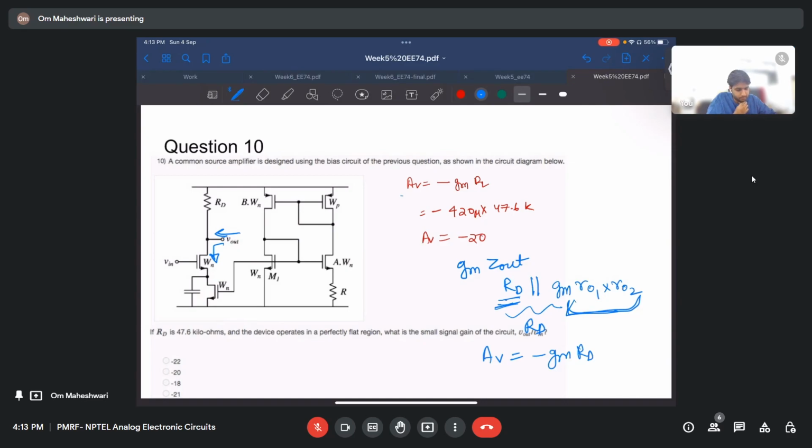What about the rest of the current mirror, sir? No, we do not need to look into the rest of the current mirror, right? The output we are taking, we are only concerned with that node, the Z out here only. So Z out here will be what is above this and below this. Above this is only RD.